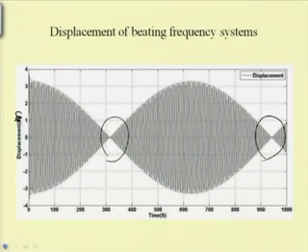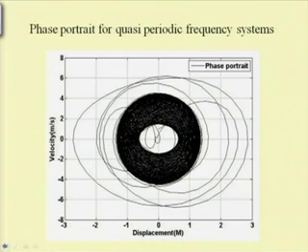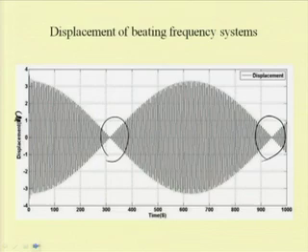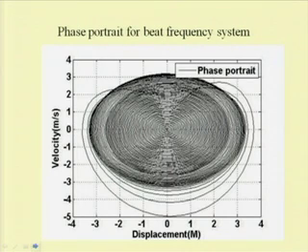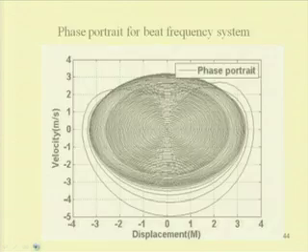So, the beating frequency is 0.01. This shows the response, and one can find the maximum amplitude and minimum amplitude in this case. So, by using this Runge-Kutta method, one can find the time response and phase portrait of the system.